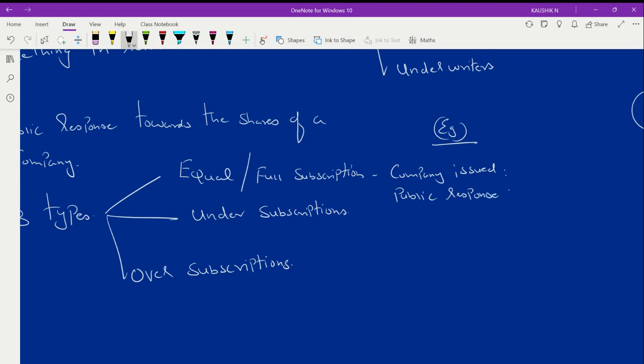In all these categories, I'm going to use these terms, company issued and public response. Only then will you be able to understand the concept even more easily.